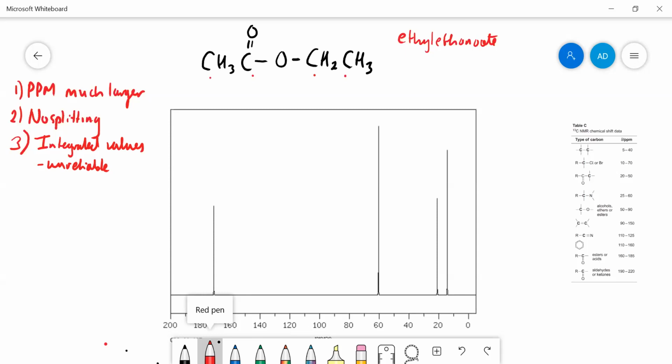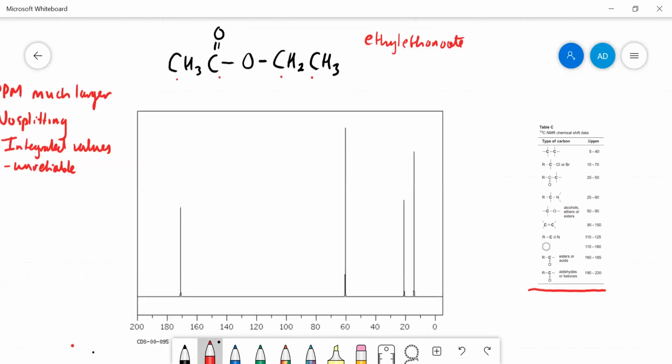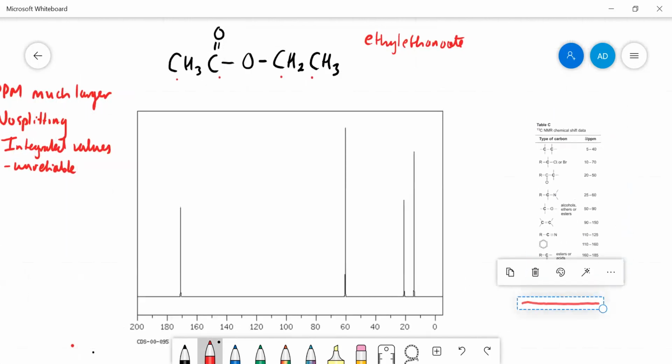Let's have a look at some of the similarities then. This chart here is what you get on the other side of your periodic table in an exam, so you get given these ppm data. It's very similar to 1H NMR. Whenever you're near an electronegative element like oxygen, the ppm is much higher.